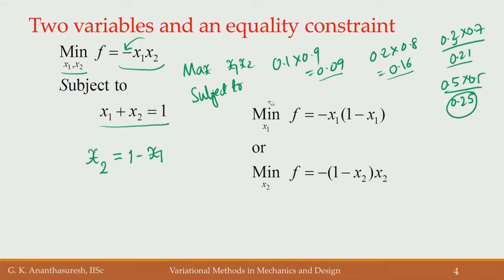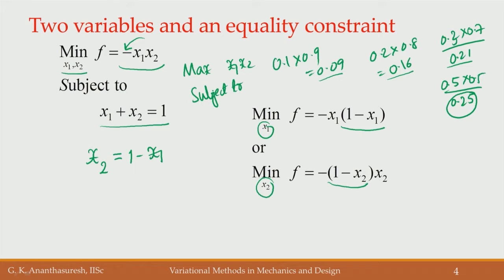So, we can eliminate x2 by writing it as 1 minus x1, then there is only one unconstrained variable, or I can eliminate x1 in terms of x2, then the variable will be x2. So, by eliminating one variable with the help of the equality constraint, we can make it unconstrained and solve the problem.